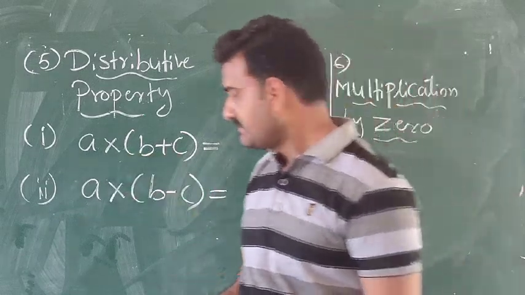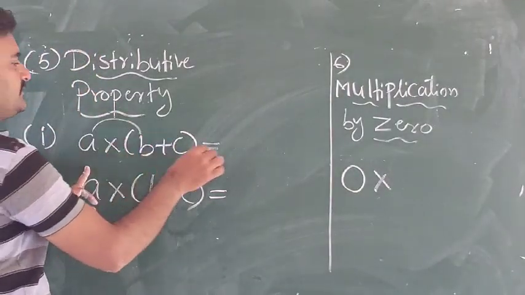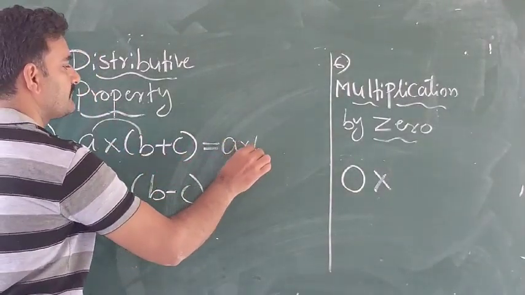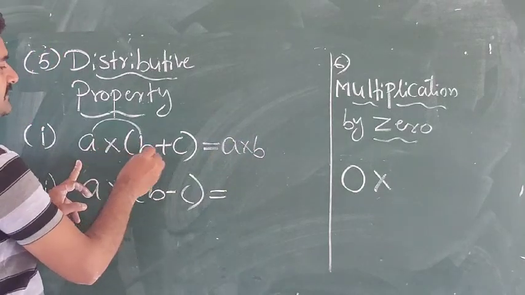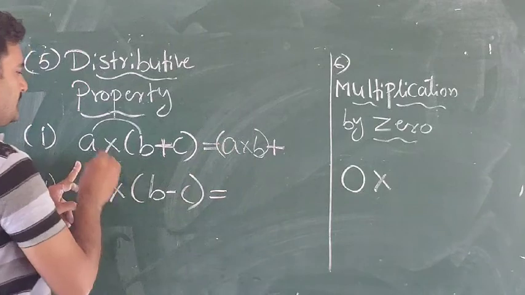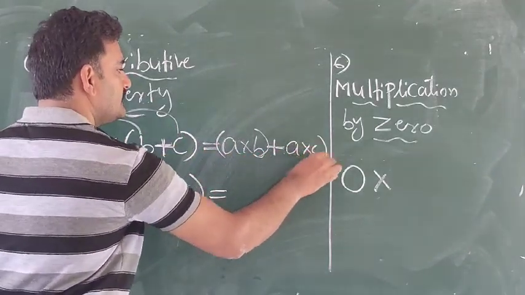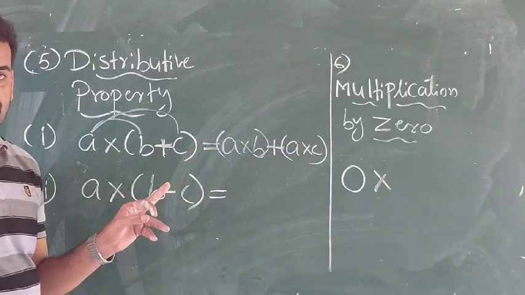Now you see how it is going to be distributed. a into b plus a into c. So this is the way to distribute. Okay.